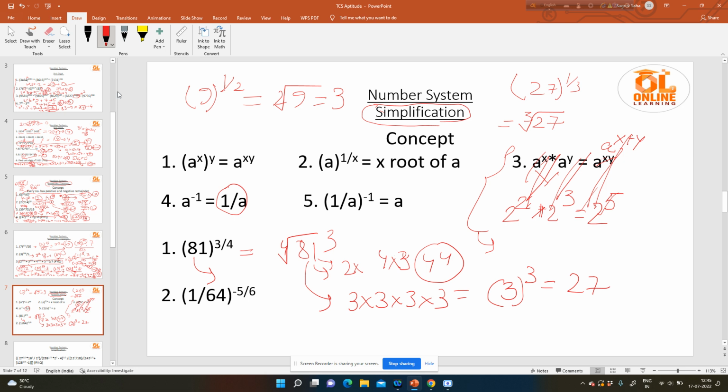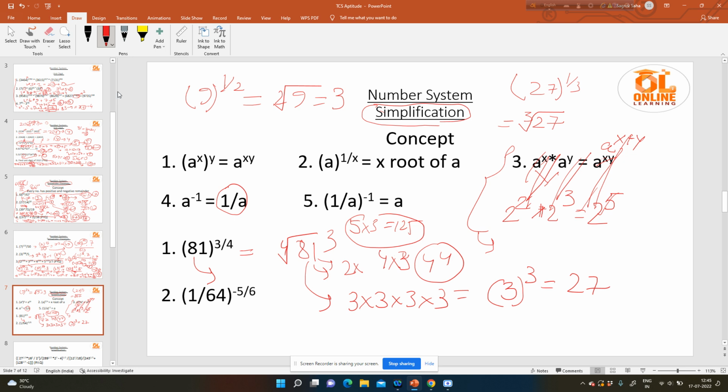Then we have to check the odd numbers. We know 5 cube is 125, which is greater than 81, so we have to think of 3. Multiplying 3 four times, 3 to the power 4, we get 81. Like this way we can do.